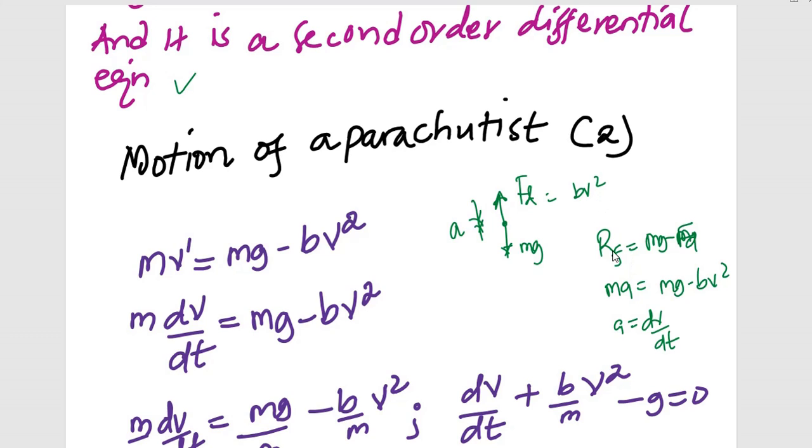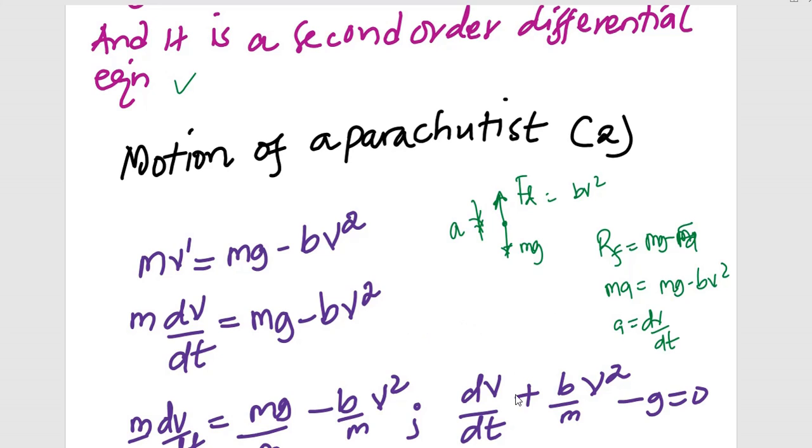So this resultant force is equal to ma according to Newton's laws of motion. Ma is equal to mg minus bv squared, whereby acceleration itself is the first derivative of velocity. If we substitute it in here, it becomes m dv/dt equals mg minus bv squared.